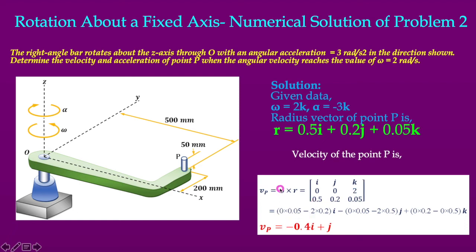So finally, the velocity of this point P is minus 0.4i plus j, solving this equation.